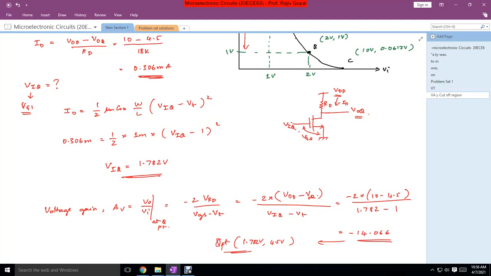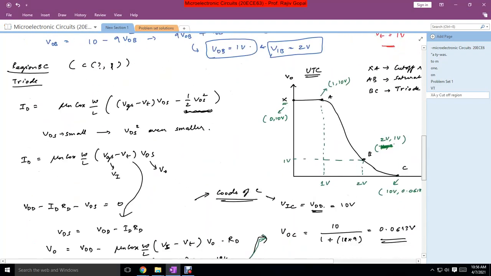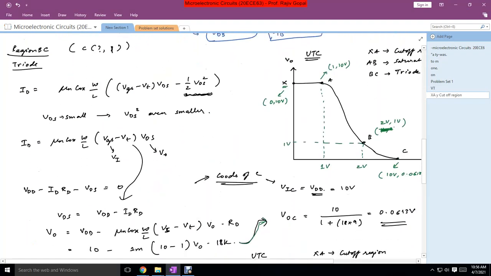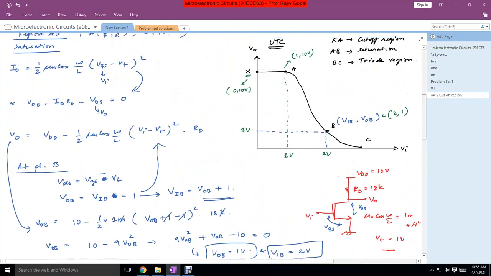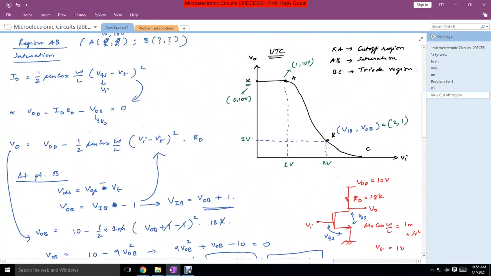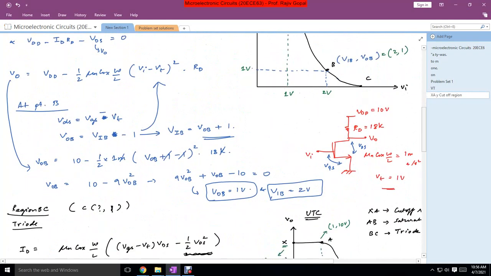Now finding the coordinates of point B. B is the point where the MOSFET transitions from the saturation region to the triode region. So to find point B, I have to use the saturation current equation, and from that I have to use the limiting condition.